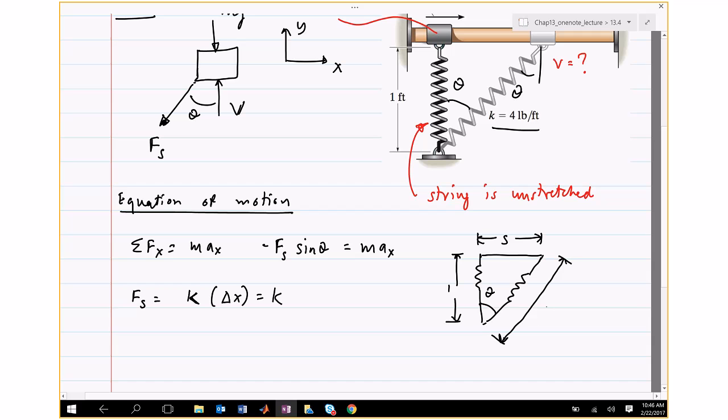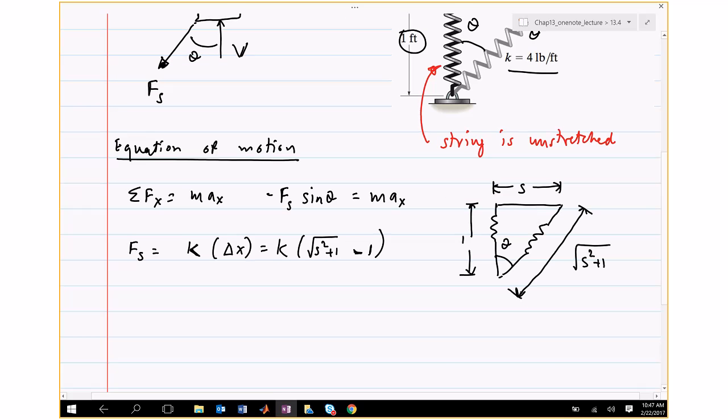So what's this? You can use Pythagoras theorem, right? That's square root of s squared plus 1. Okay. So k delta x is going to be the length of the spring in this stretched position, so that's square root of s squared plus 1, minus the original length of the spring, the unstretched length. The unstretched length is this. So I got Fs. I also need to find sine theta.